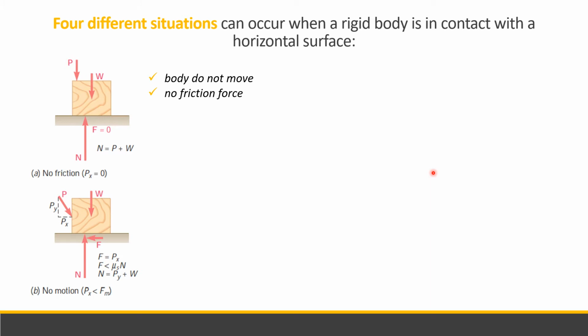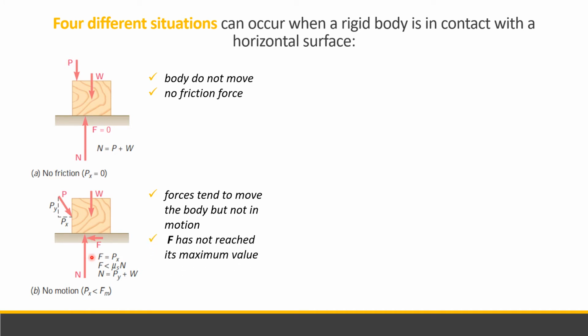So the friction force F, which has developed, can be found by solving the equations of equilibrium for the body. Since there is no evidence that F has reached its maximum value, since in this situation P is so small that F has not reached the maximum value, meaning, in the graph earlier, it has not reached Fm, the maximum friction.